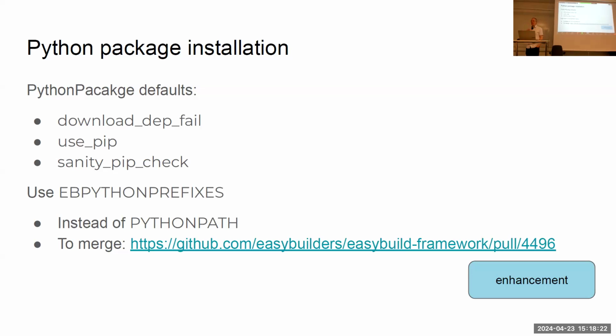And this is exactly why we introduced a hook for writing the module file that replaced each occurrence of Python path in the module file by a corresponding entry of EB Python prefixes. And this basically solves this, and the change here basically makes this the default. So that will just work.